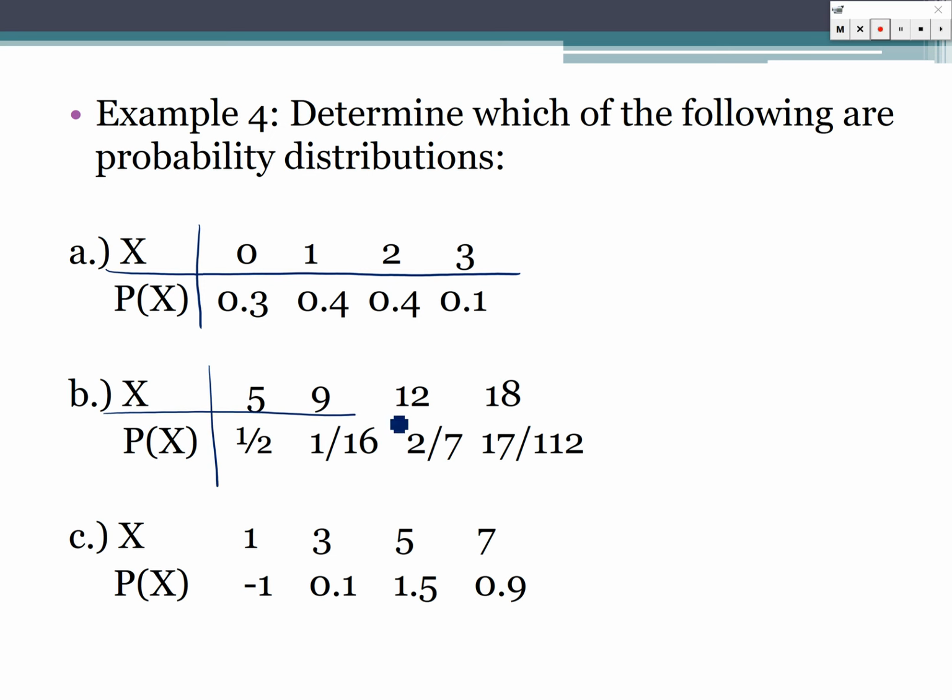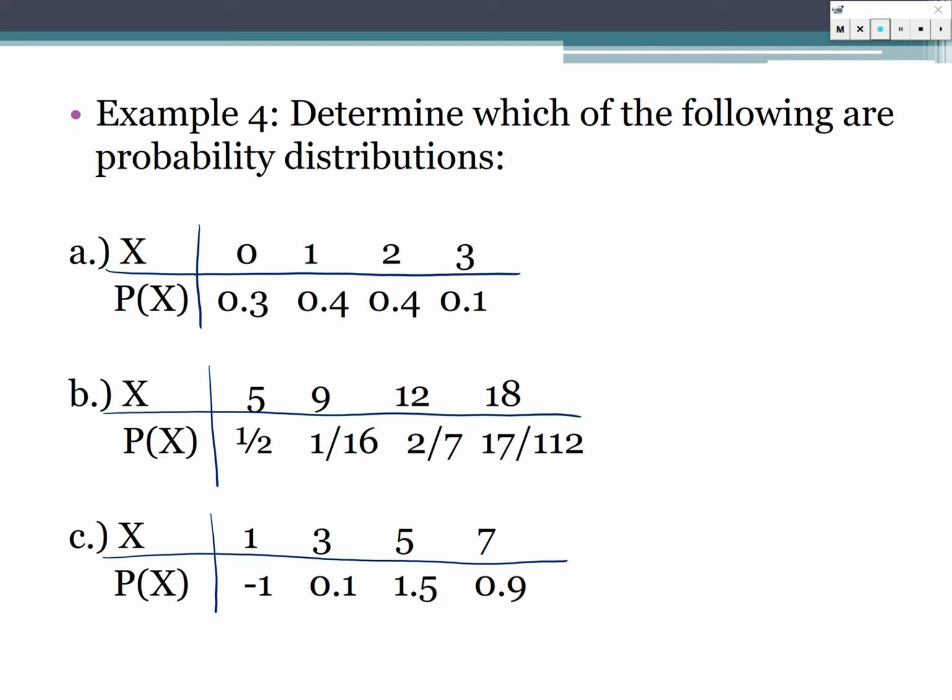What I want you to do, take a pause here and see if you would say that each of these is an okay probability distribution or if there's something wrong. Does it not meet one of the 2 requirements? So take a pause here, see what you think of each of these 3.